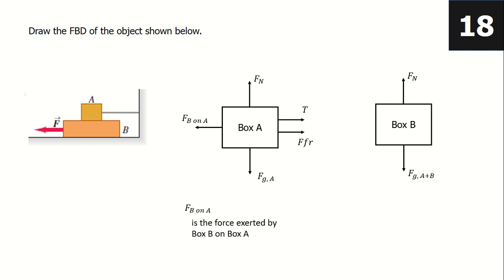So the same, there is a gravitational force on box B since it has a mass, and there's a normal force exerted by the floor on box B. But the normal force on box B is larger than the one on box A, since this is the reaction of the floor on the combined mass of box A and B. So that's why here on the weight, on the FG here, I put A plus B. Okay?